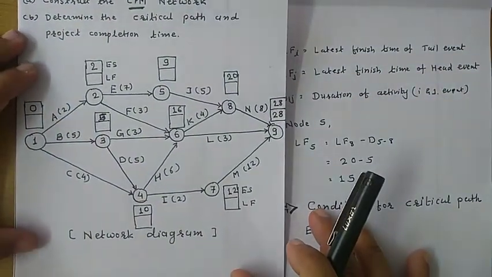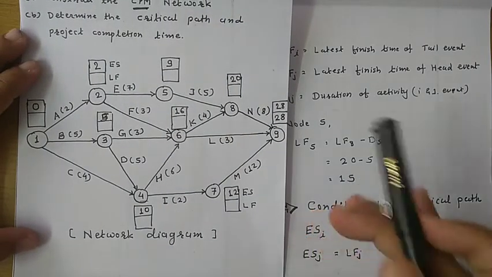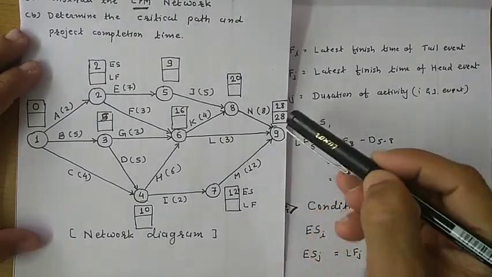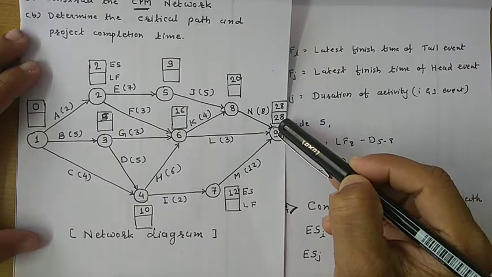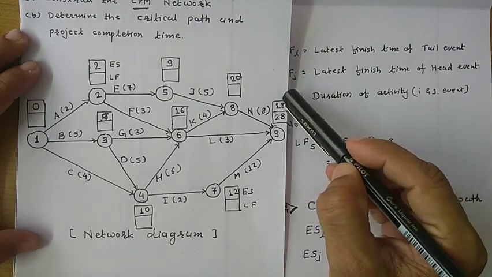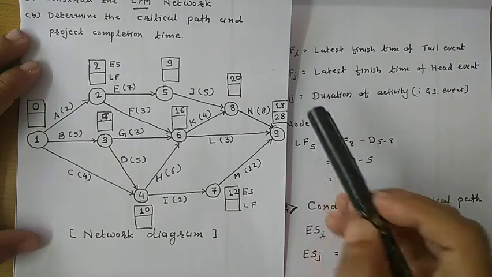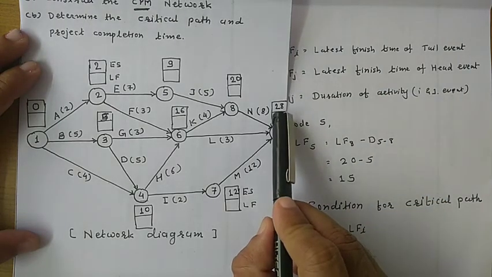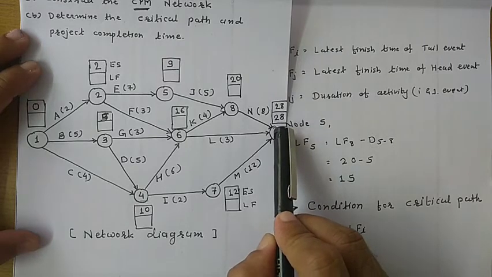As I told you in the previous lecture, for the last event, the latest finish time is the same as the earliest start time of that event. So here the earliest start time is 28. Take the same time as the latest finish time.